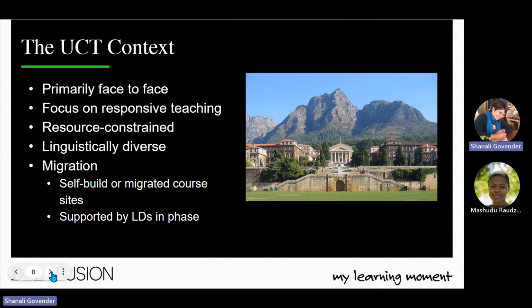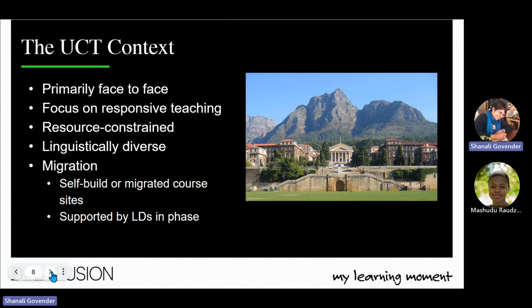We also work in a fairly resource-constrained environment, despite what the picture may suggest. And so while UCT may be one of South Africa's wealthier and more historically advantaged institutions, our staff are still required to teach and produce undergraduates who are well skilled and suited to the local economy without having a great deal of additional resourcing.